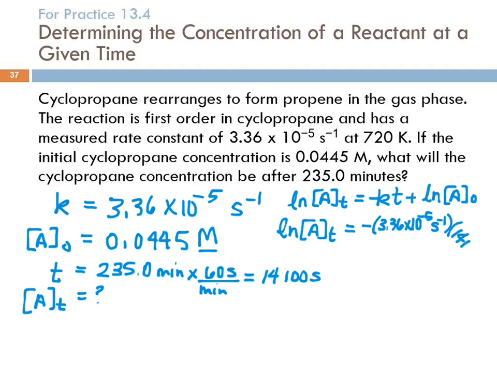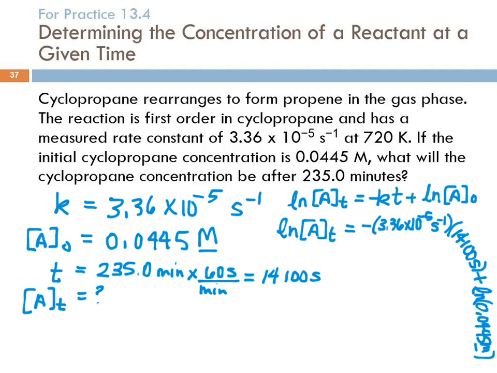I'm going to bend around the corner here because I ran out of space. So there's the t, and then the natural log of the initial concentration, which is 0.0445 molar. Sorry about that. I promise I won't turn it all the way around. It kind of depends on how your calculator thinks.